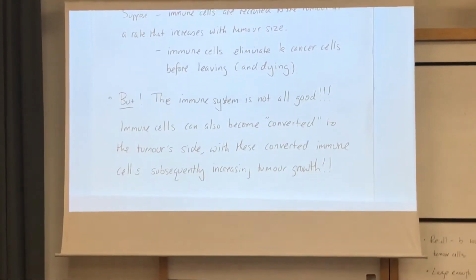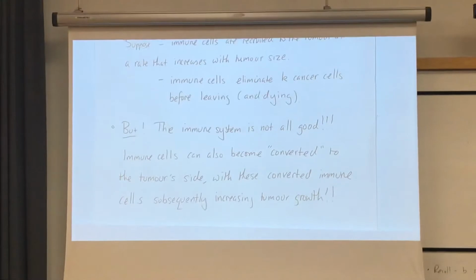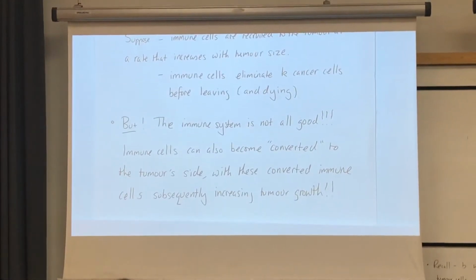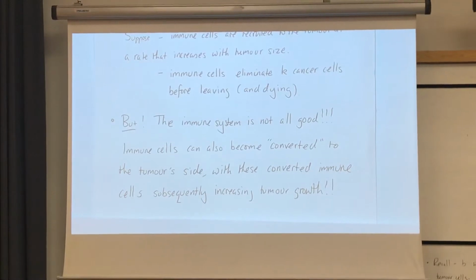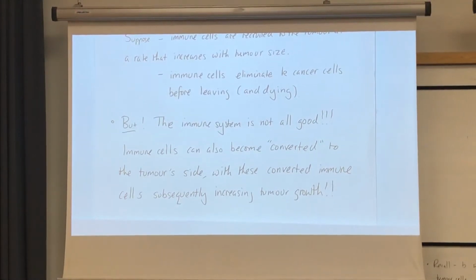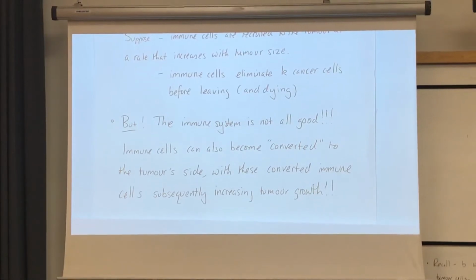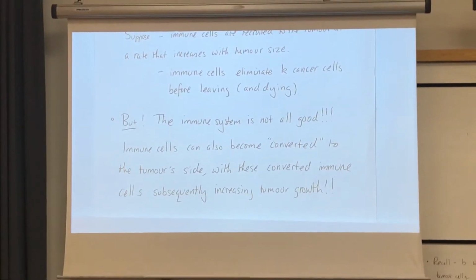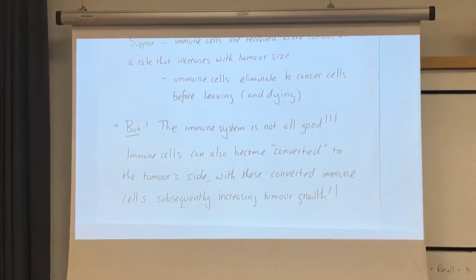And this idea of the two faces of the immune system is something that people are trying to understand intensely at the moment, and there's a lot of mathematical modelling going on in the area. So, the immune system is certainly an essential thing in our bodies, but it can also be corrupted by cancers as well.